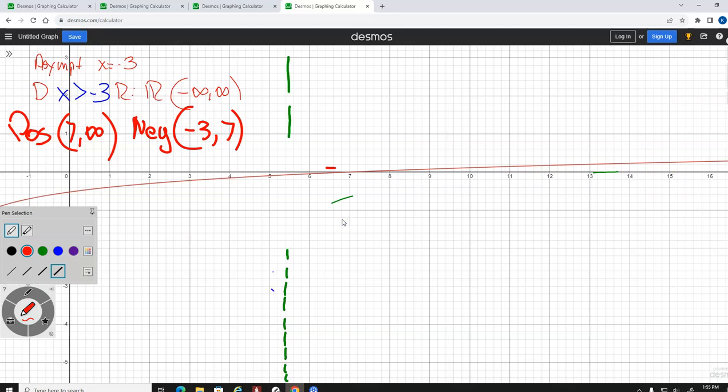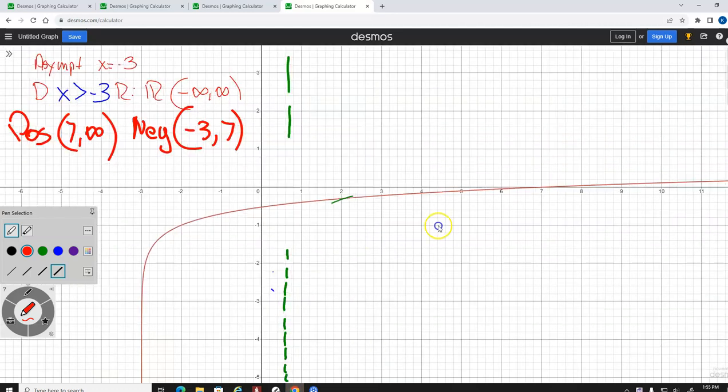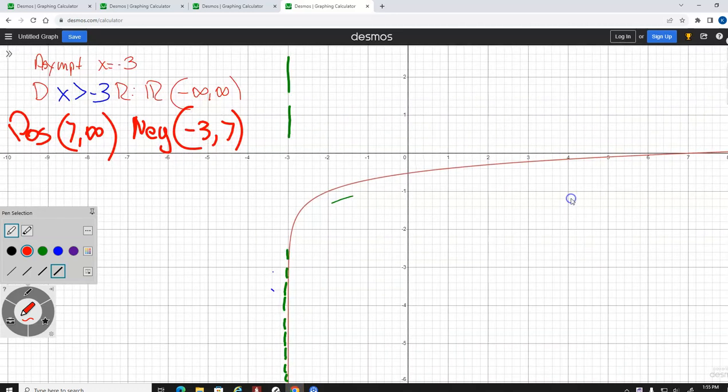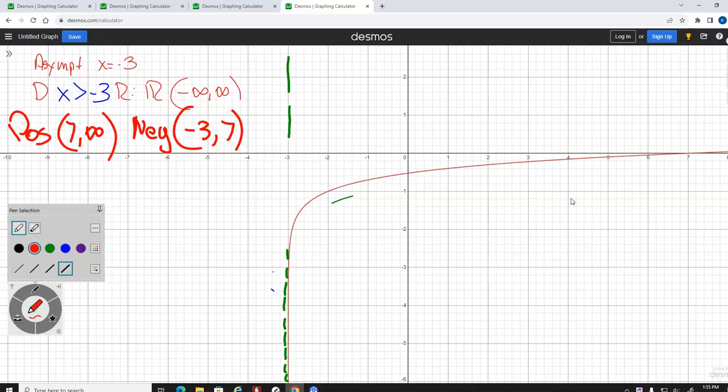As you can see, from 7, which is here, all of these values are above 0, toward positive infinity. And then the other values. So again, from 7 to positive infinity are positive, negative 3 to 7 are negative. Okay? All right, let's move the function back up here.